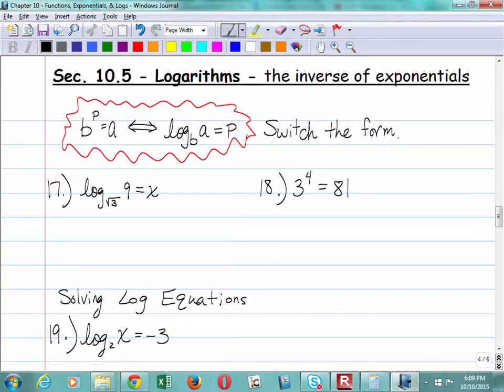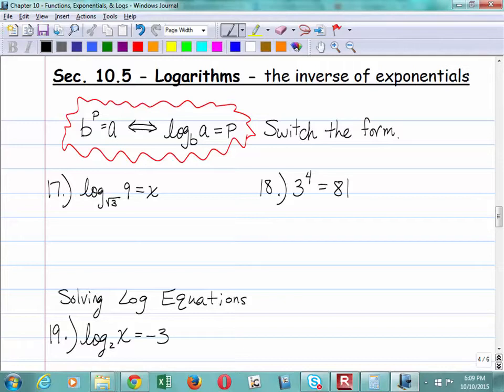Alright, so it's useful to be able to convert or switch between the exponential form of the equation and the logarithmic form of the equation. So if you have b to the p equals a, you can also write that as log base b of a is equal to p, or vice versa.